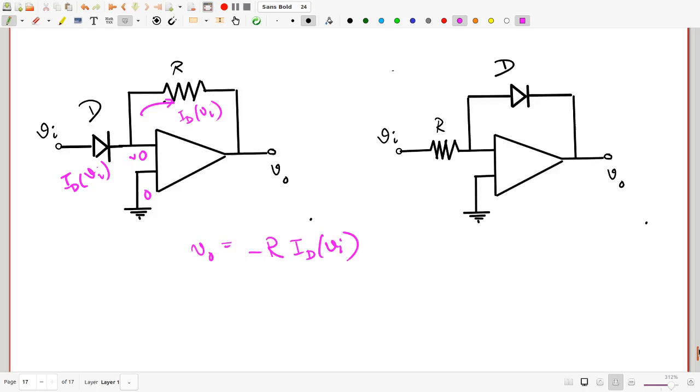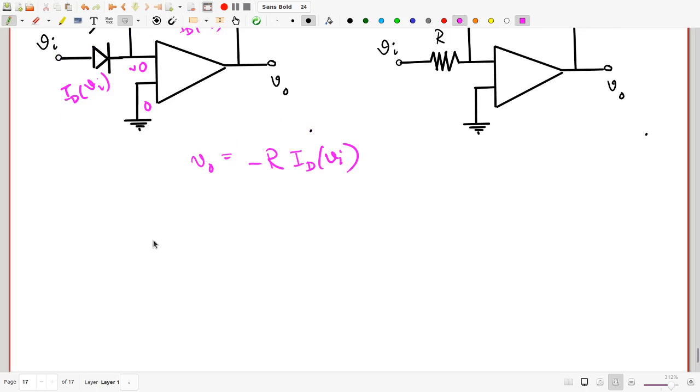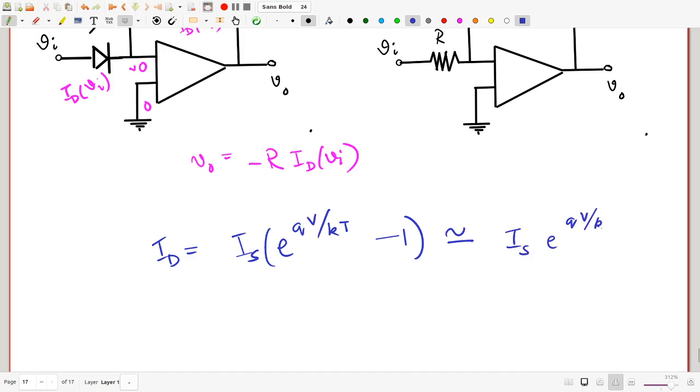But let me just remind you that ID for a diode was Is e to the power QV by KT minus 1, and in the forward bias case, this factor is typically much larger than 1. So, you get Is e to the power QV by KT.